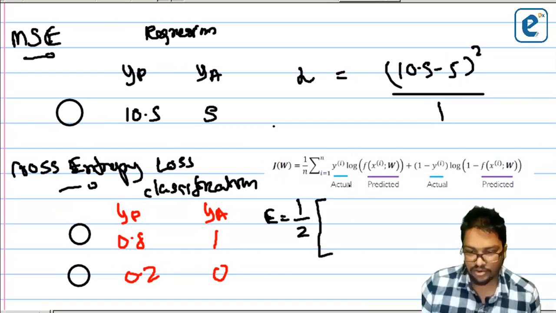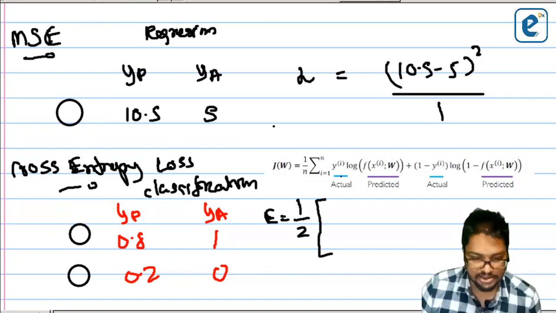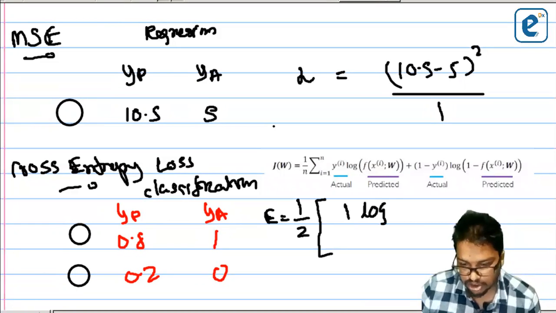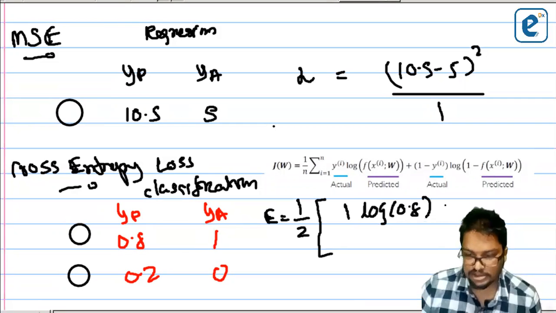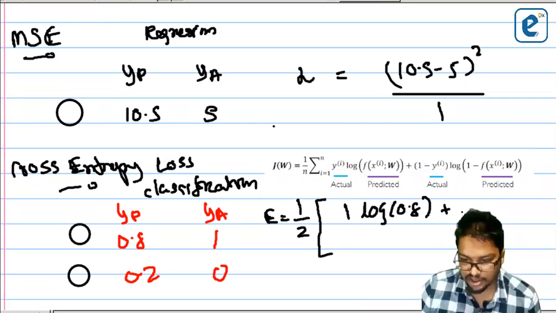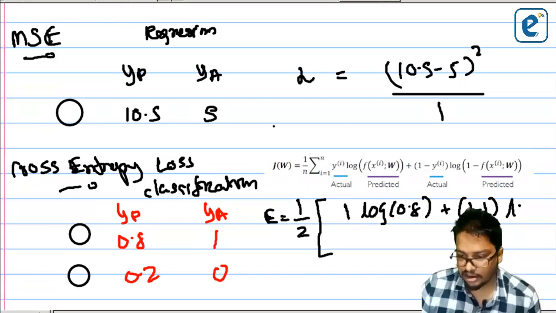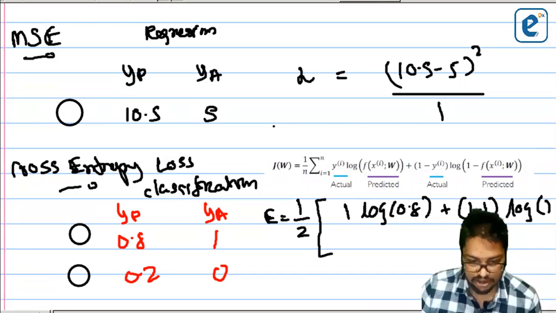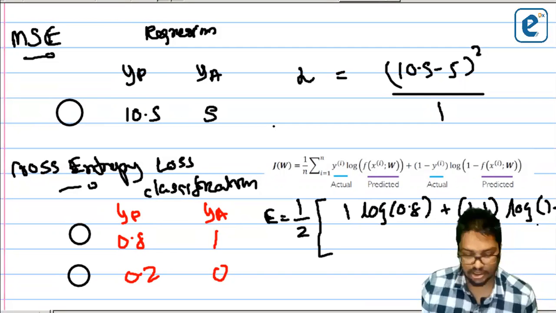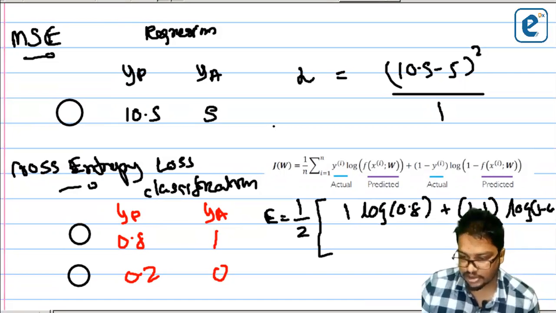Y actual is 1, and y predicted is log 0.8, and then 1 minus y actual, so 1 minus 1, and for the predicted it will be log of 1 minus 0.8.